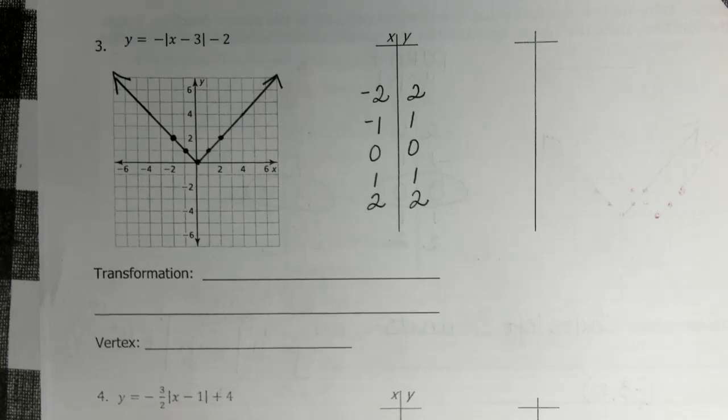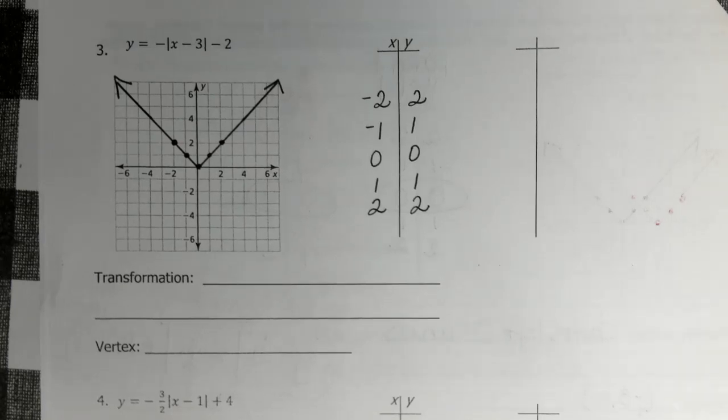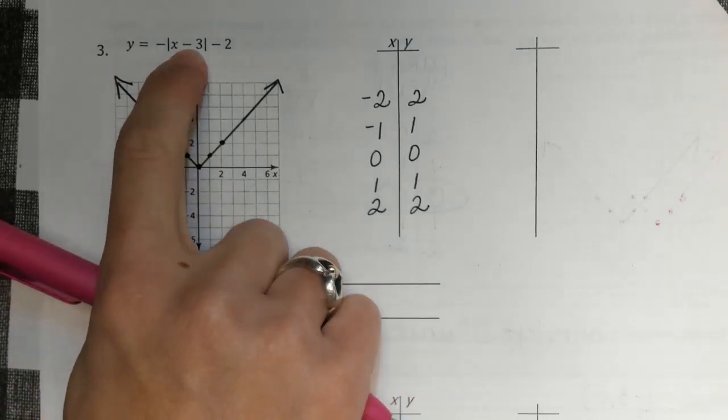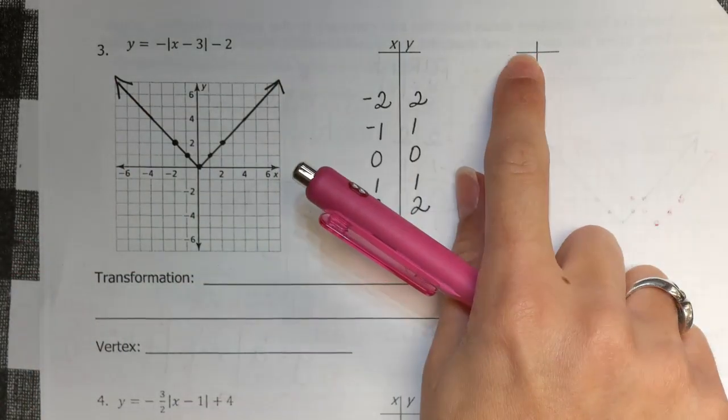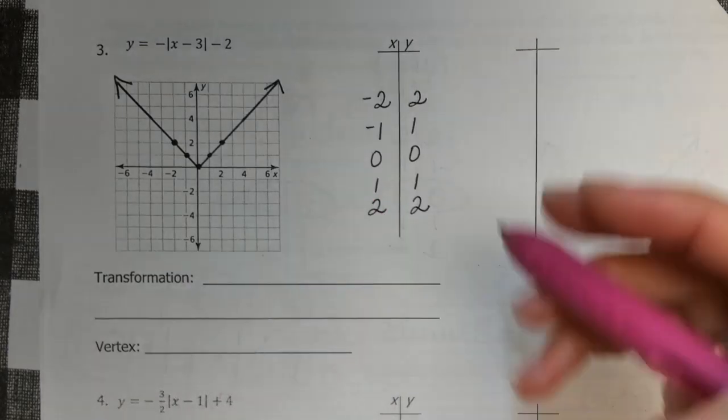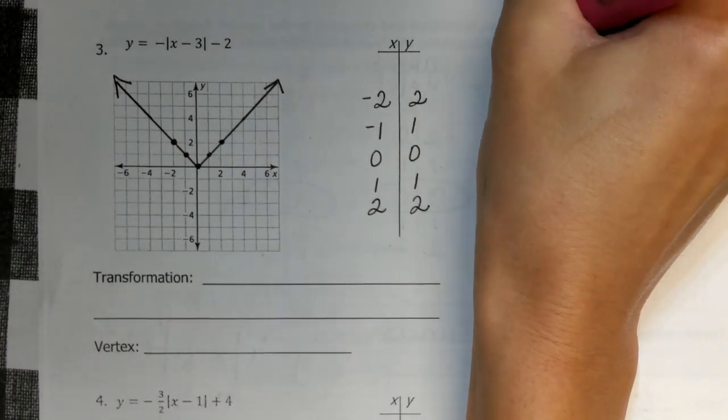Okay, now, our transformations. Is anything happening inside the bars with x? Yes. I have an x minus 3. What am I going to write for my header for the table? X plus 3. X is a liar. You do the opposite.